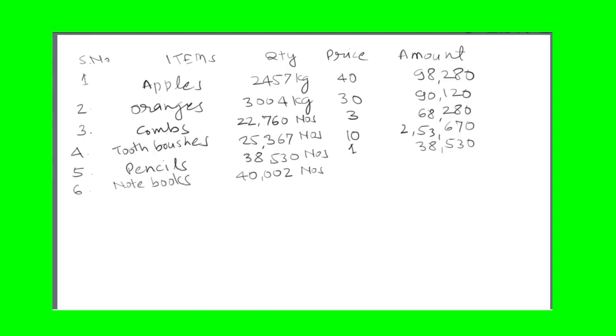The rate was 6 for each item, and the amount comes out to be 2,40,012.